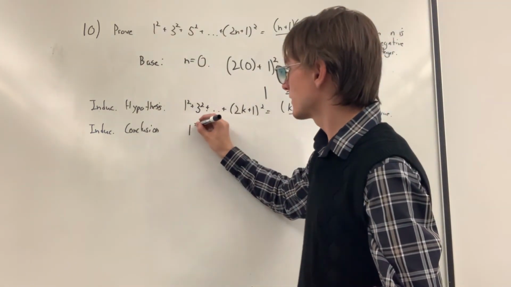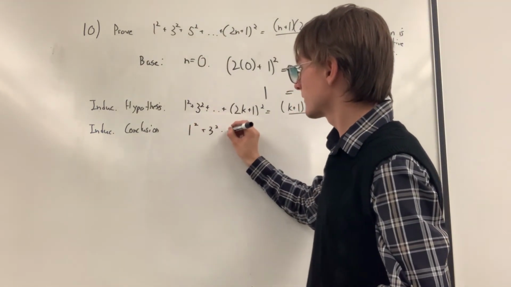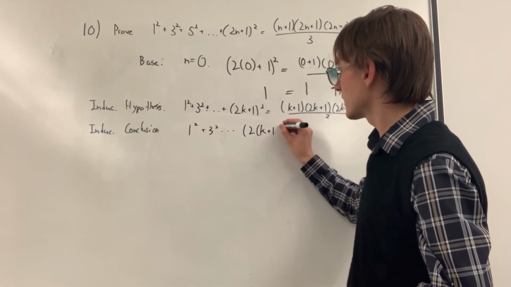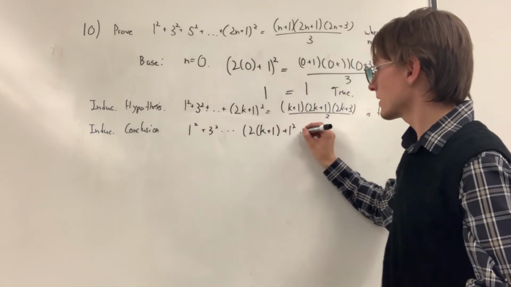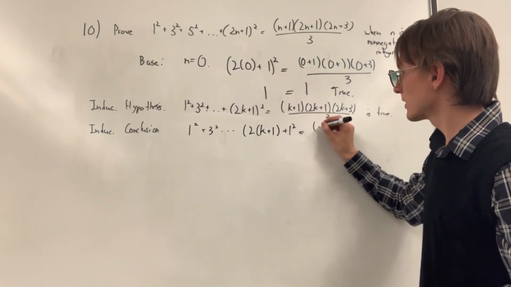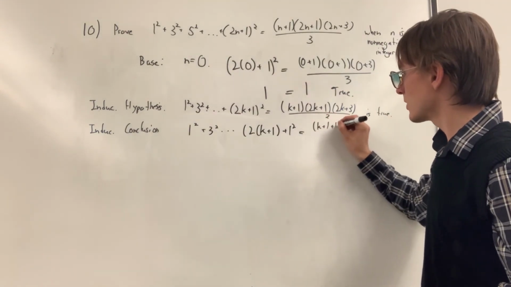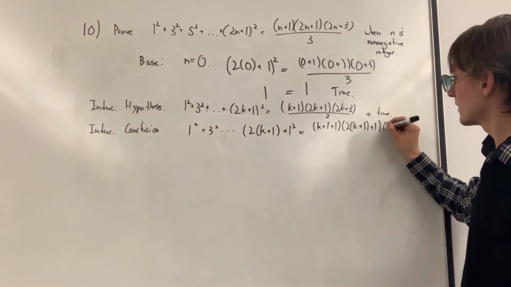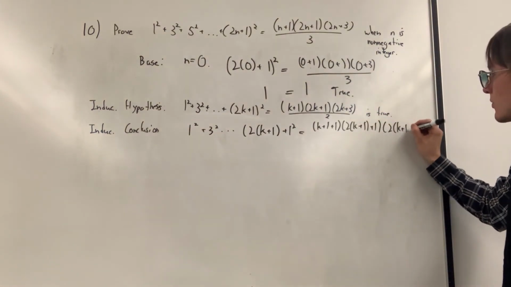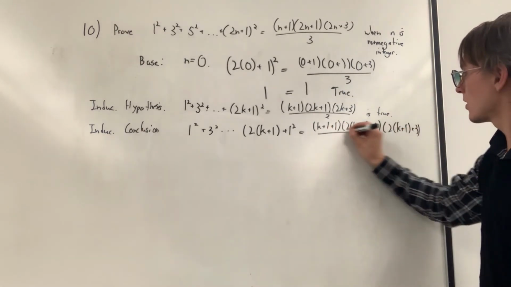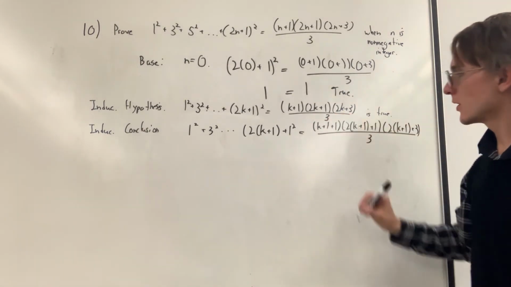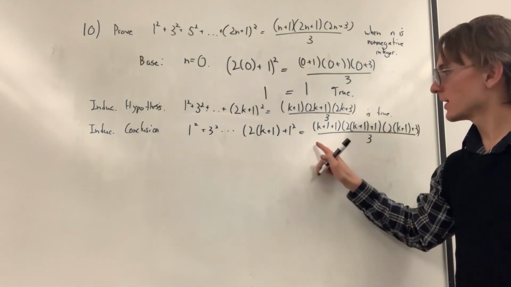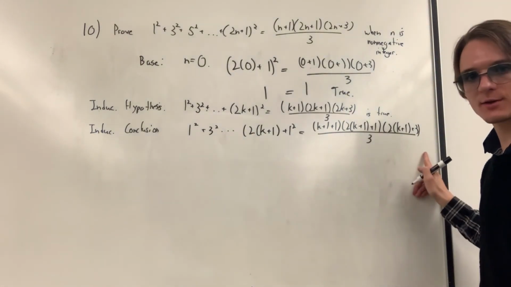So we have 1 squared plus 3 squared all the way up through (2 times (k plus 1) plus 1) squared. That's equal to (k plus 1 plus 1) times (2 times (k plus 1) plus 1) times (2 times (k plus 1) plus 3) all over 3. We want to show that this is true. Let's begin with this side of the expression and show that it's equal to this over here.